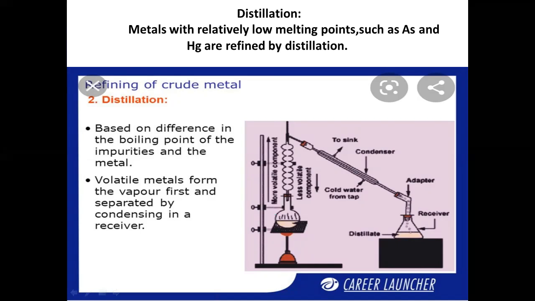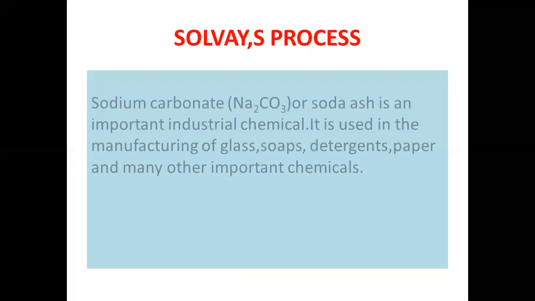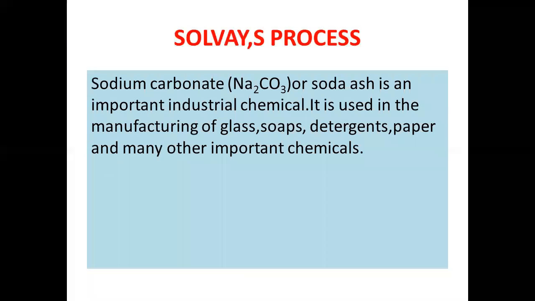Now coming towards the next topic, which is the Solvay process. What is the Solvay process? Na2CO3 is the formula of sodium carbonate. It is also called soda ash and it is an important industrial chemical. It is used in the manufacturing of glass, soap, detergents, paper, and many other important chemicals.